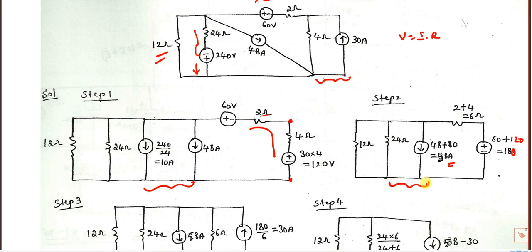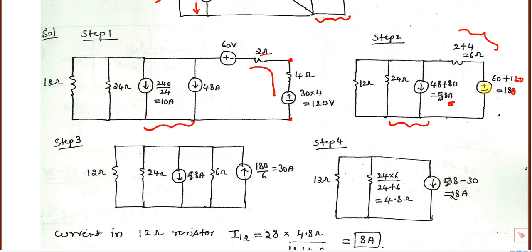Now we have a practical current source and a practical voltage source. In series I can add voltages, in parallel I can add currents. So this is in the parallel circuit. So better you convert this into a current source so that you can reduce between this and this.